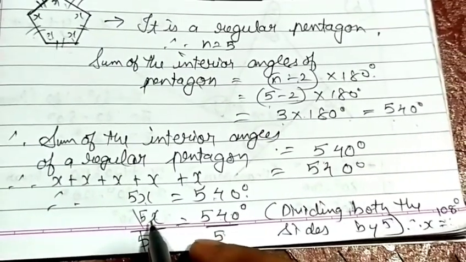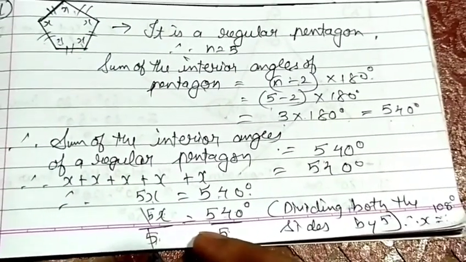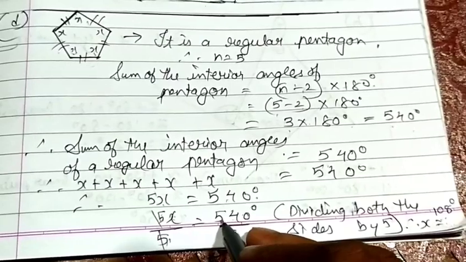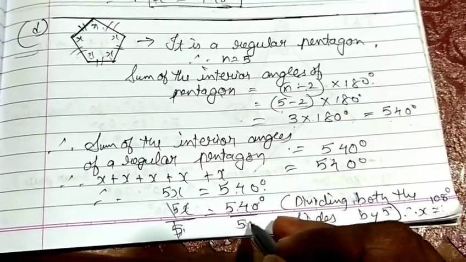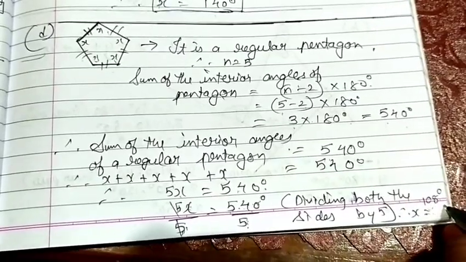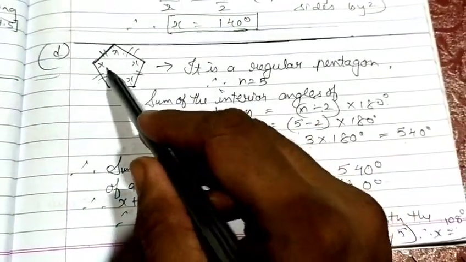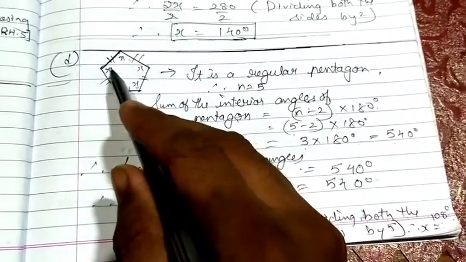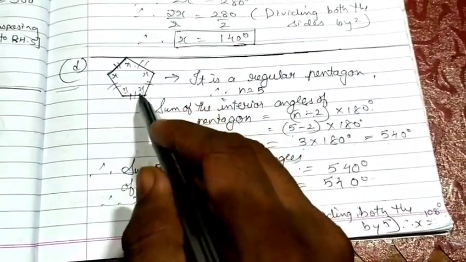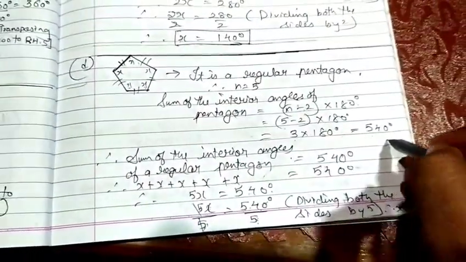To eliminate this 5, 5x should be divided by 5, and 540 you also have to divide by 5. So 5 and 5 will get cancelled, and 540 divided by 5 gives 108. That means the measure of each angle is 108. So when you add 108, 108, 108 and so on, you will get 540 degrees.